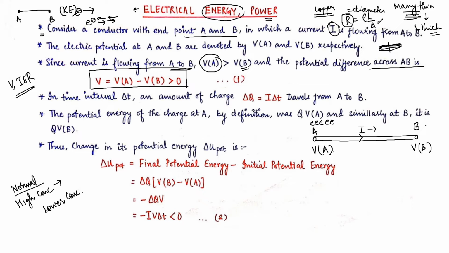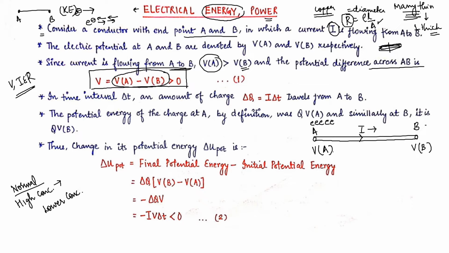So potential at A is higher than potential at B, and the potential difference is V of A minus V of B. As V of A is greater than V of B, the operation will give a positive value.